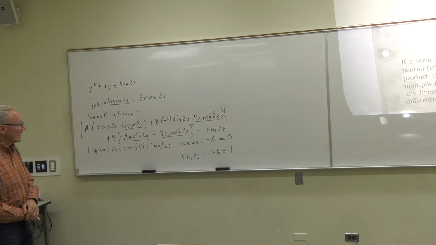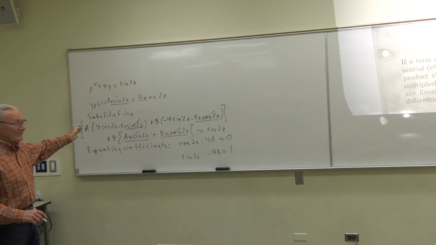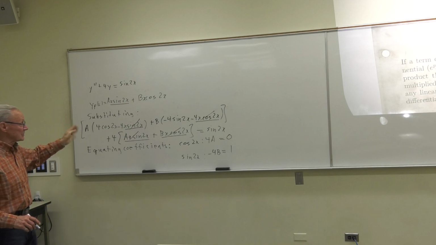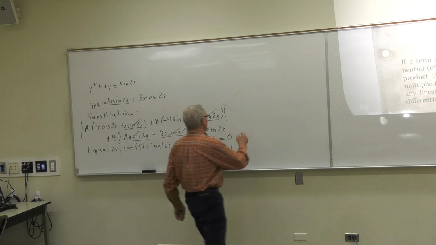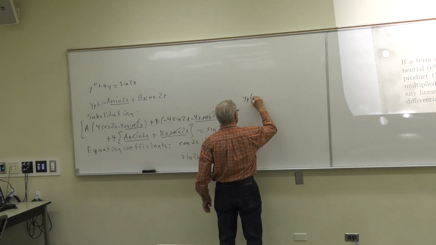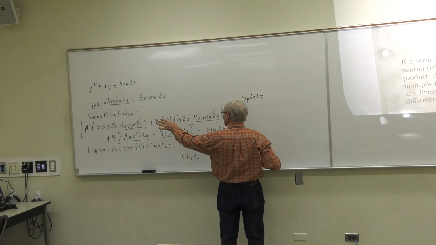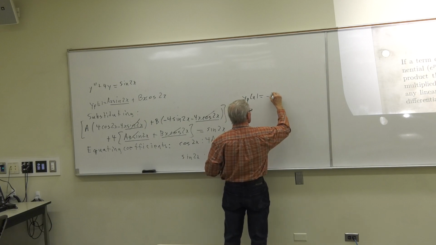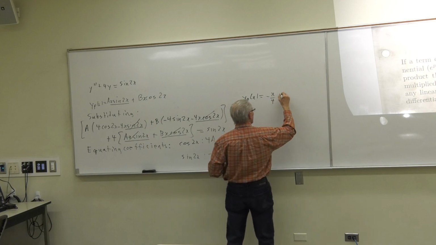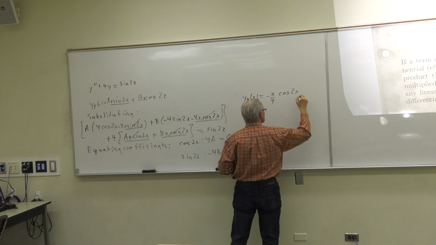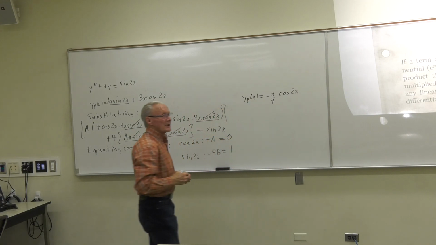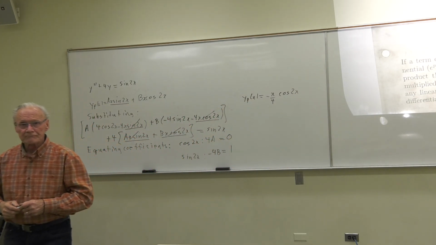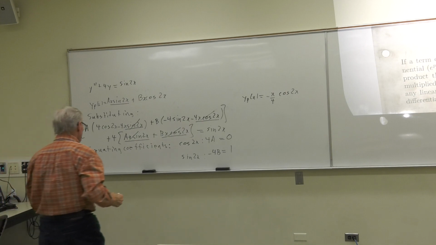Huh. So I didn't need the a, but I didn't know that. Right? This was a safe way. All right. So therefore, y sub p of x is equal to, a's gone, b is minus 1/4, so minus x over 4 cosine 2x. There's our particular solution. So it worked.